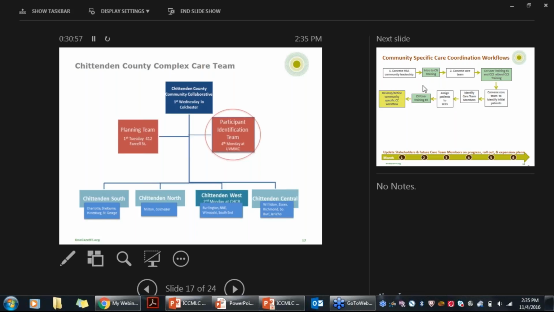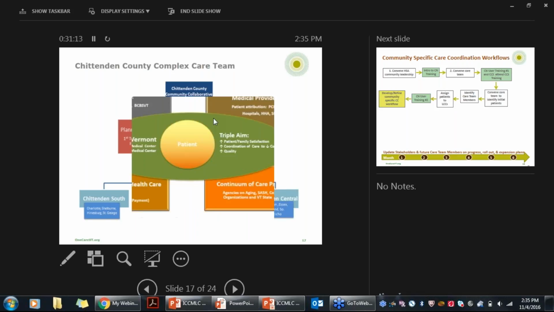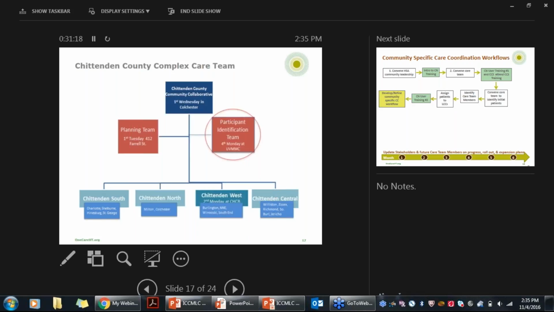into which we are weaving some of the processes and tools that Care Navigator is going to be asking us to complete. So how do we identify our initial patients? Really, we wanted to see people who had at least 2, 3 or more community collaborators. And by confining that to just that one region, our partners like the VNA and Howard and CVAA also have regional staff who focus on these other regions.